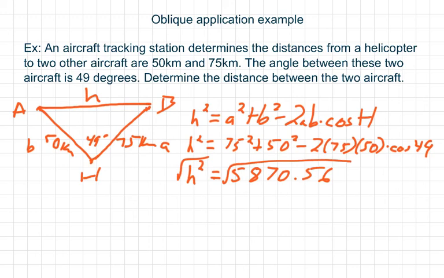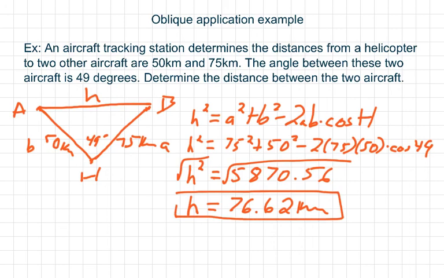When I square root that, I get an answer of h equals 76.62 kilometers. So if you're the person running this air traffic station and you had to tell those aircraft how far they are apart from each other, that might be how you end up doing it.